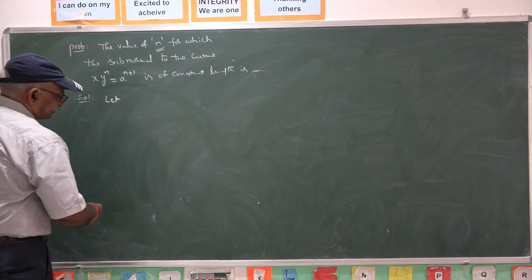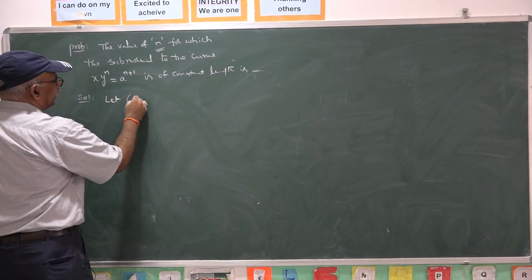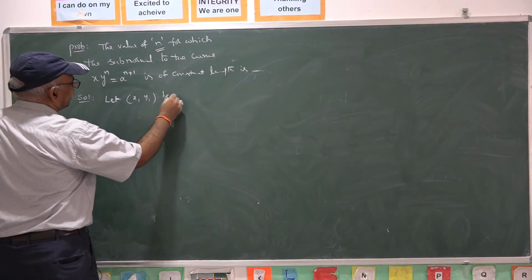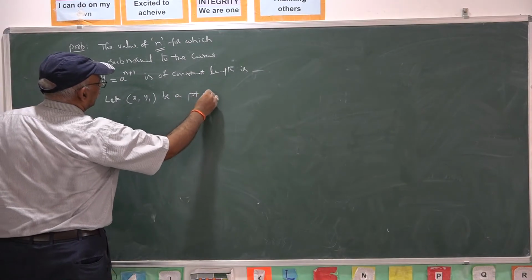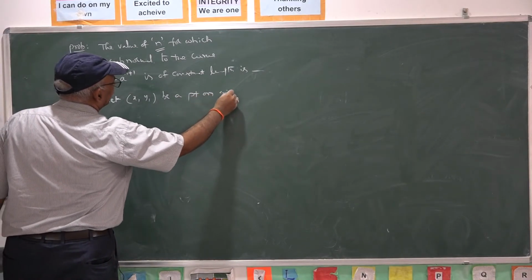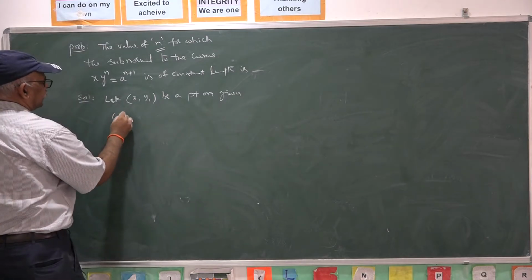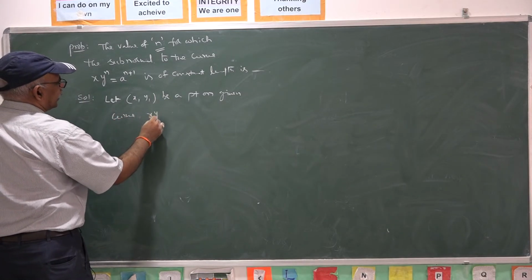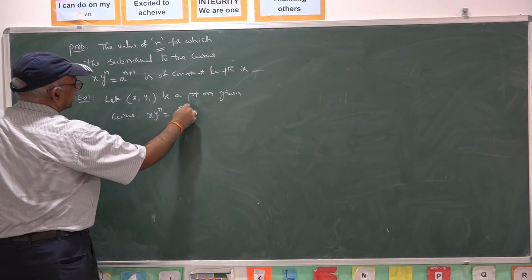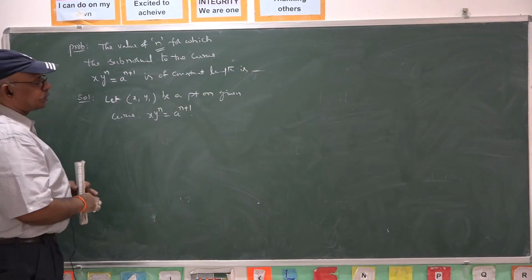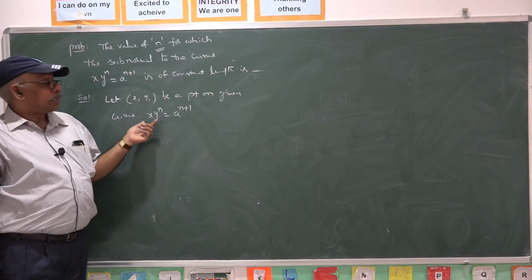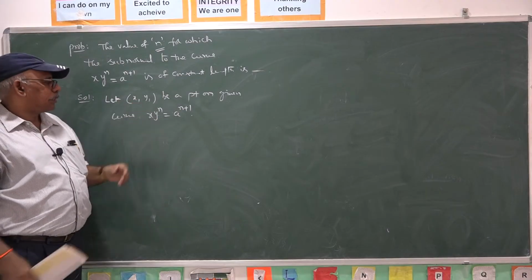Let x1 y1 be a point on the given curve x y power n equal to a power n plus 1. This is our given curve. Let us consider a point x1 y1 on this curve.